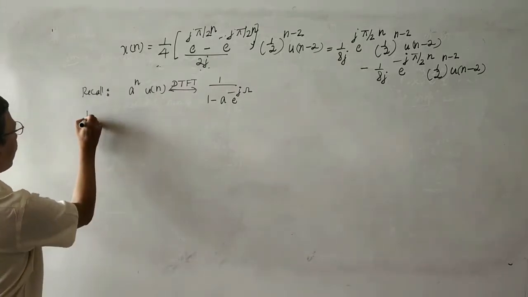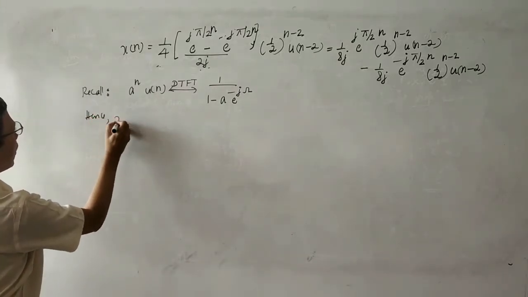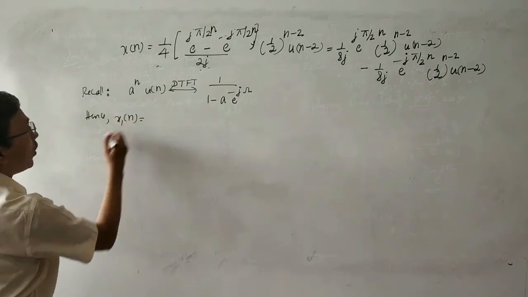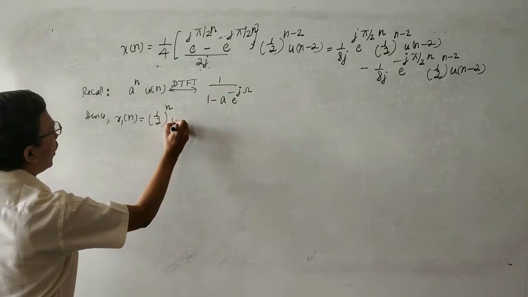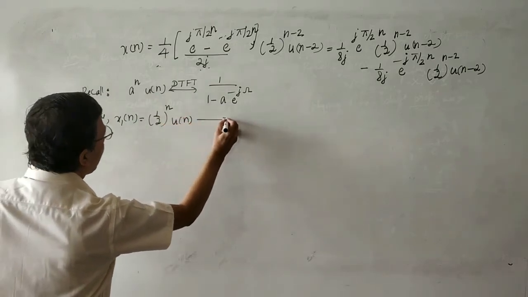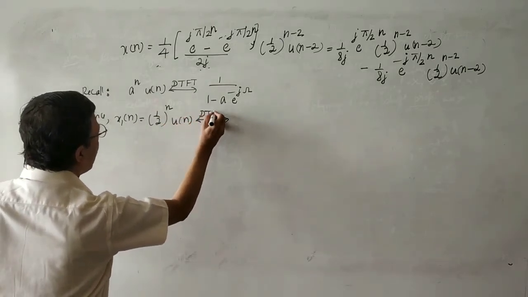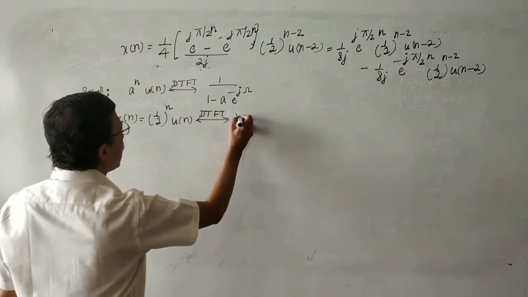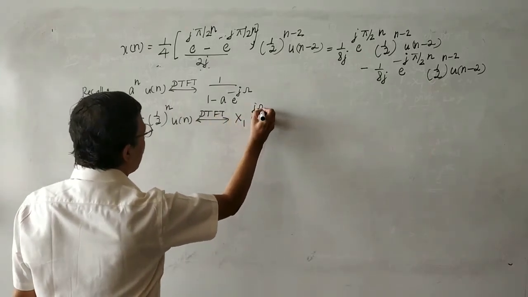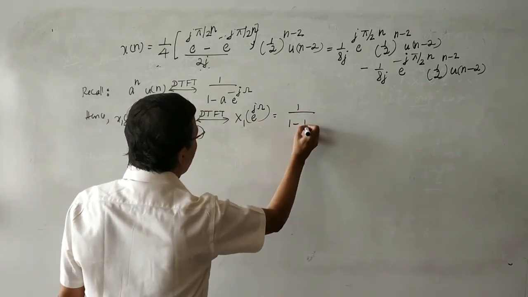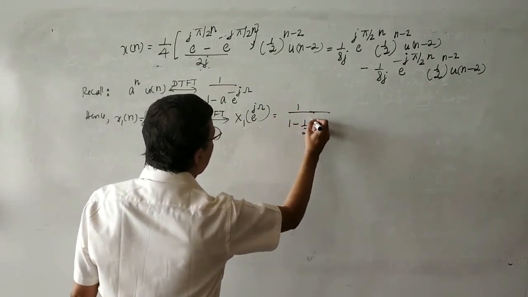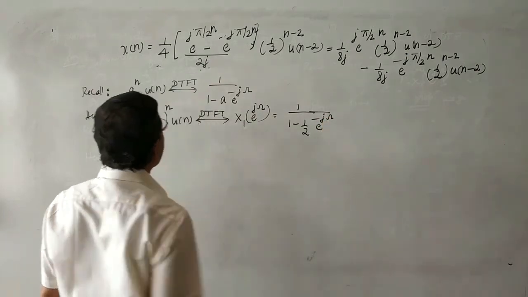Hence x1 of n equal to half to the power n into u of n has a discrete time Fourier transform x1 of e power j omega is equal to 1 over 1 minus half e power minus j omega.